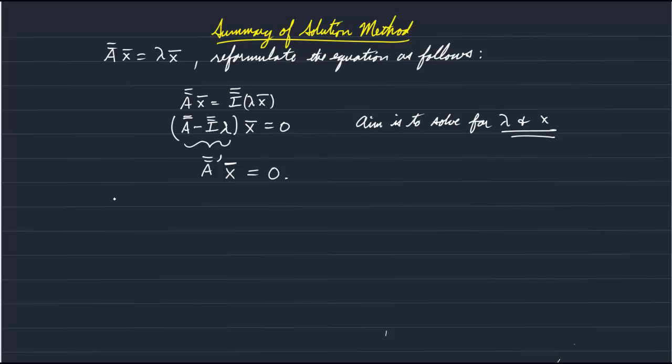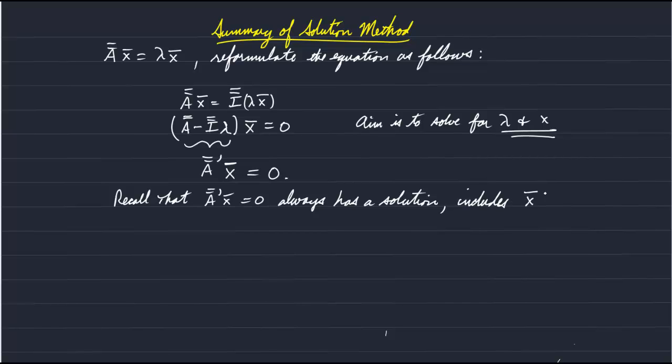Now recall that an equation of the form Ax equals 0 always has a solution, and it includes the trivial solution, x equal to 0, the zero vector.